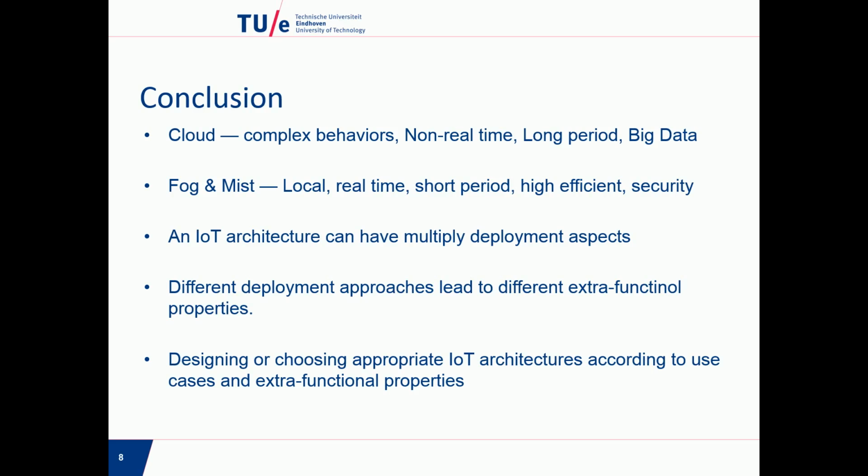So, when we want to design or choose appropriate IoT architectures for the IoT system, the most important thing is to consider the use cases of the IoT system and what kind of extra functional properties the system will have.